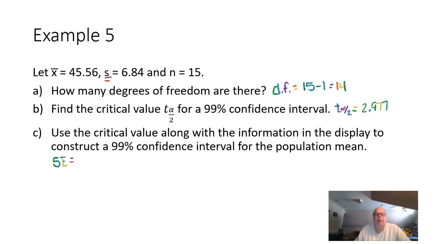All right, our standard error is the standard deviation divided by the square root of n. And I'm going to round this to 3 decimal places. So in the calculator, we have 6.84 over the square root of 15. And this gives me 1.766.